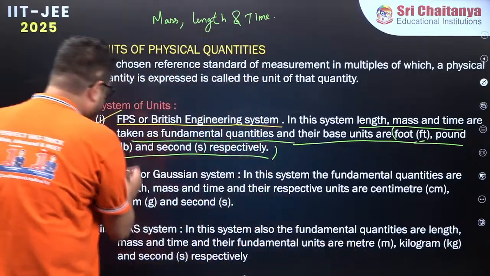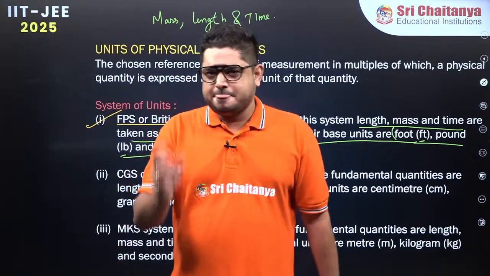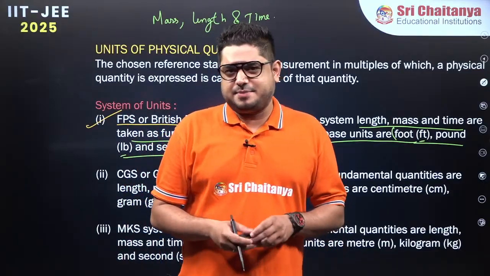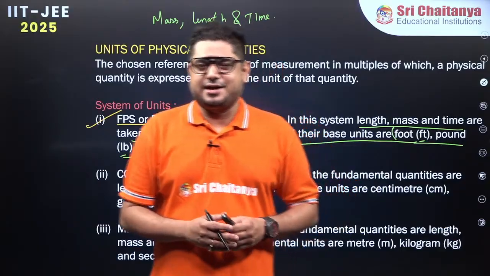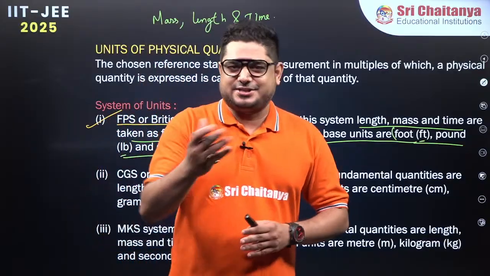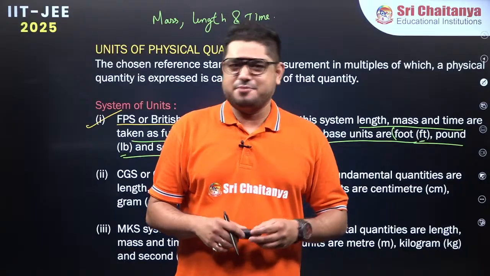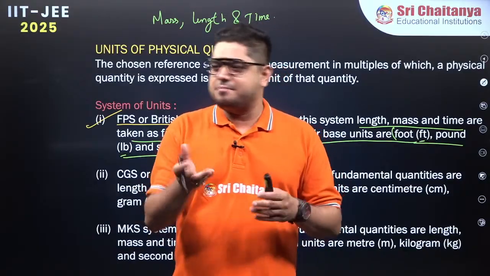Pound is measured in LB and second in S. I think everyone knows the representation of pound, because most of the people here must be regular watchers of WWE, isn't it? Over here the weight of the wrestlers is measured in LB, if you can recall. Everyone must be watching that and following the trump cards games, isn't it?